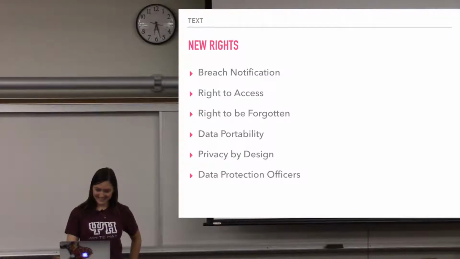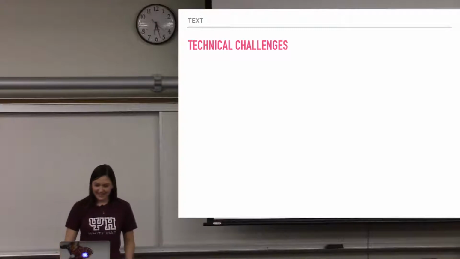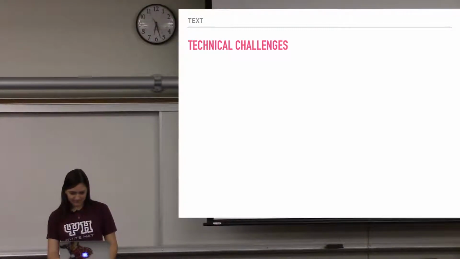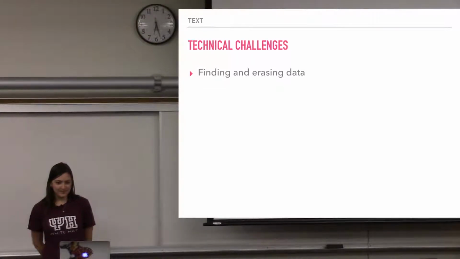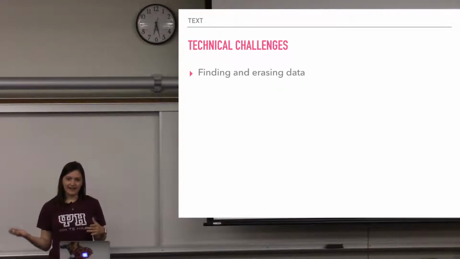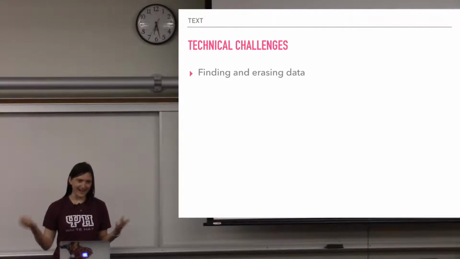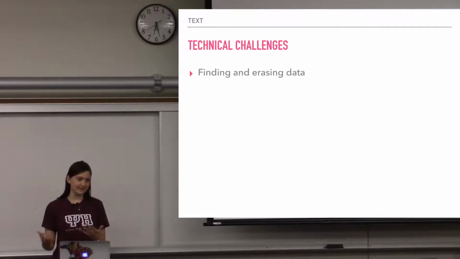Yeah. So now we get to some of the problems with some of those previous things, or at least challenges. The first one, finding and erasing data. Databases are really weird. Some of the databases that are used, especially for things like AI or advertising, are big networks of data, and you don't really know where those pieces of data came from.